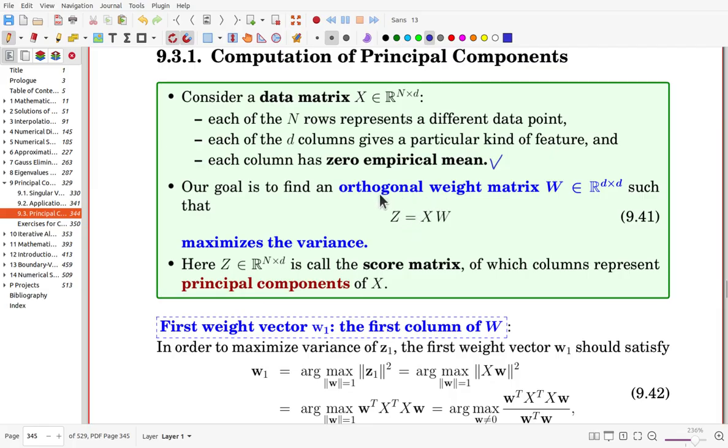This is an orthogonal weight matrix, so each column of W will be orthogonal, and the result is called the score matrix. Each column of the score matrix is also orthogonal. They are the principal components of X.